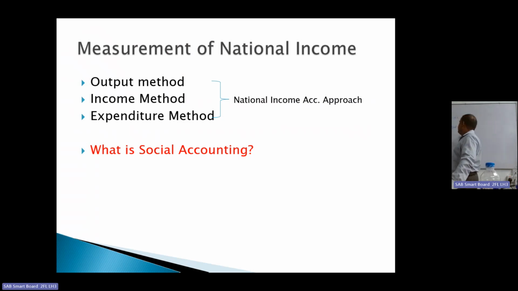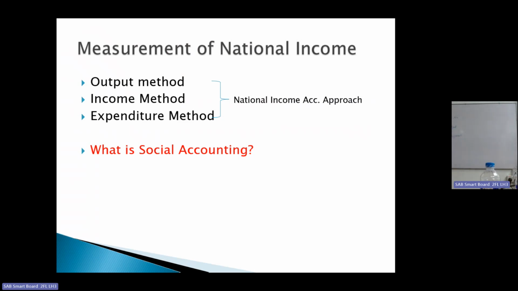Then the other one is called the flow of funds approach. By looking at fund inflows and fund outflows, the total funds received and funds paid, we can value the production or output. That is called the flow of funds approach.